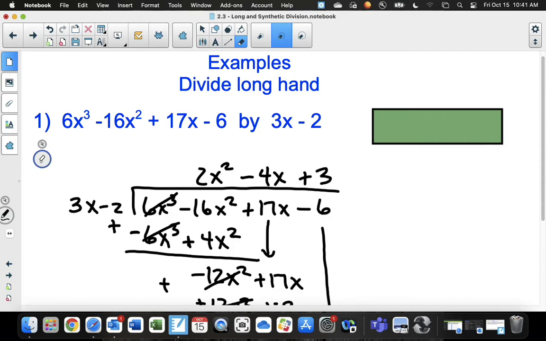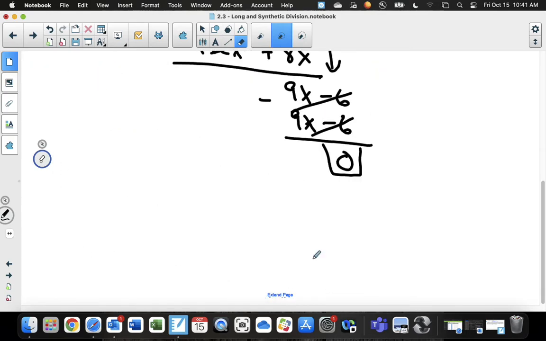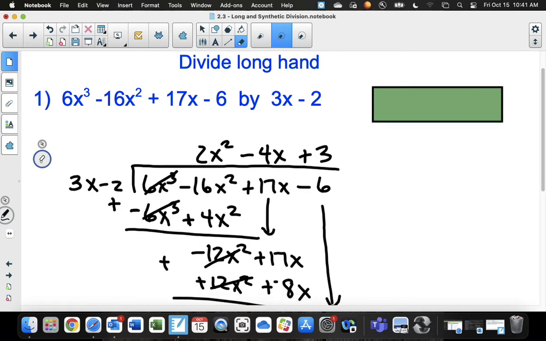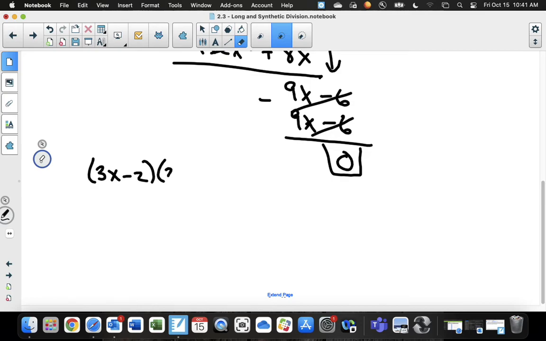Okay? So I could now rewrite this as 3x minus 2 is one factor. And like I said, the quotient, your answer that you got, is your other factor. 2x squared minus 4x plus 3. Okay.